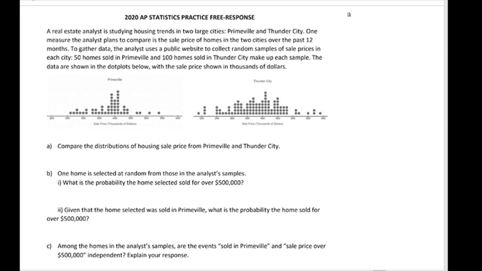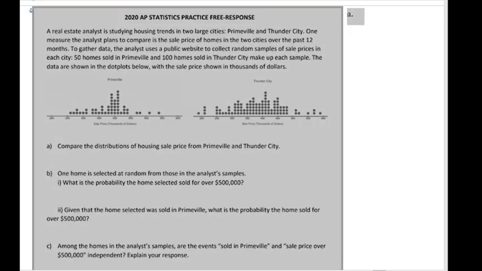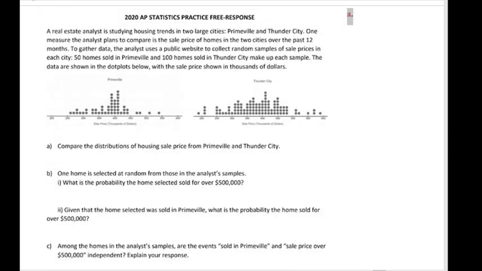So for part A, I'm going to put this in red here. For part A, we are going to be looking for shape, center, spread for both of those.